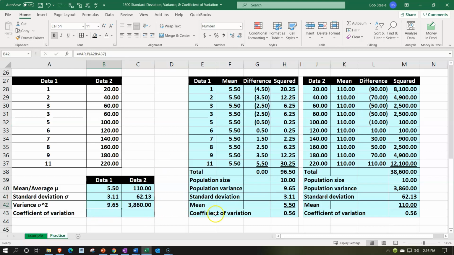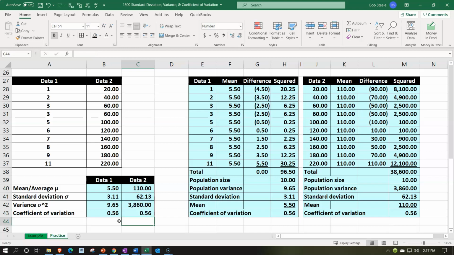the 9.65, and then the coefficient of variation, being equal to the mean divided by the standard. I'm sorry, hold on a second. It equals the standard deviation divided by the mean. So there we got the 0.56. Doing it over here, the standard deviation divided by the mean.